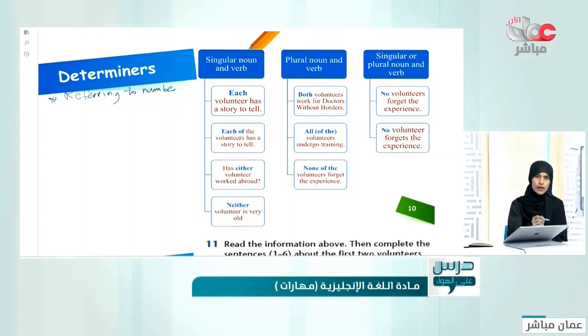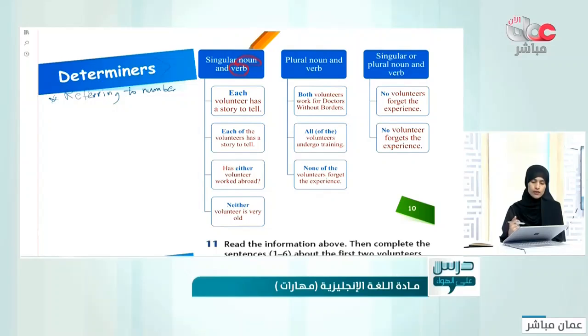So what decides the kind of determiner I use? The noun and also the verb. These two determine the determiner I'm going to use. There are different determiners if your noun and verb are singular, and other determiners if the noun and verb are plural, and also determiners that we use whether the noun is singular or plural. They are used in both cases.